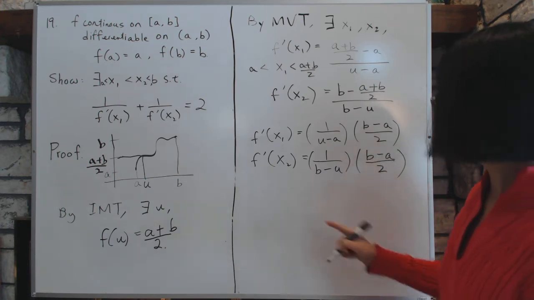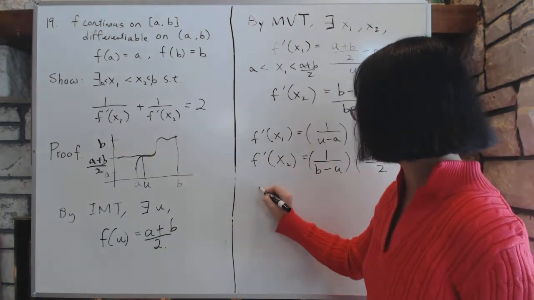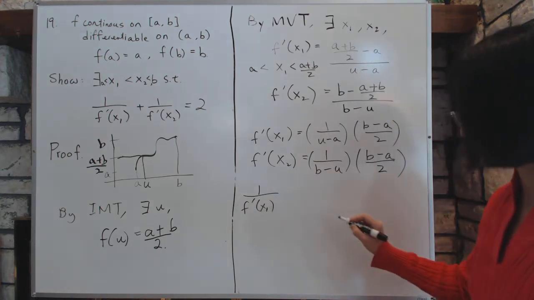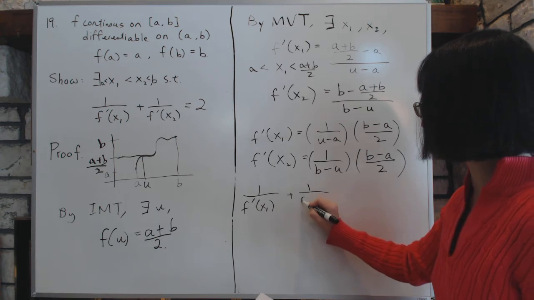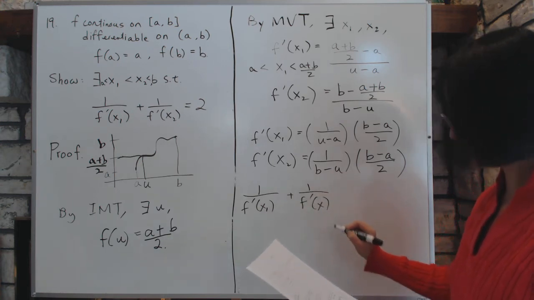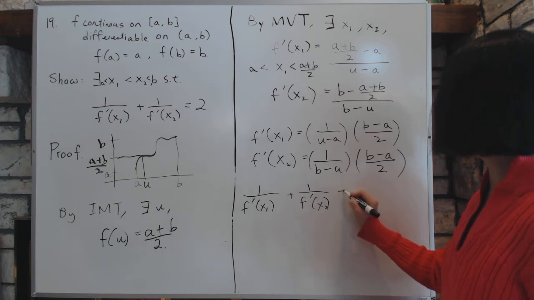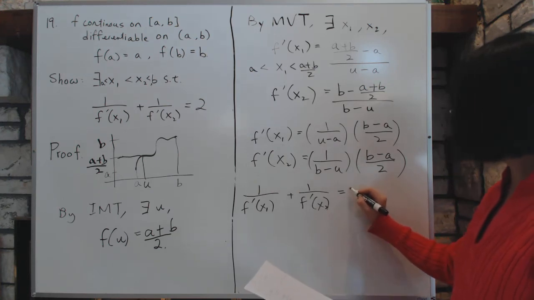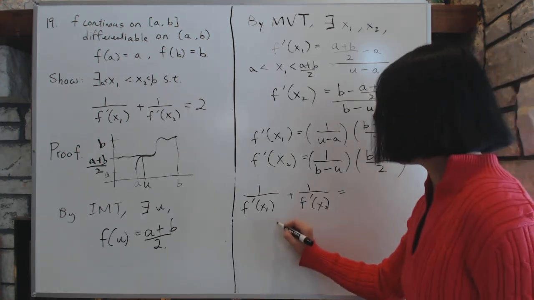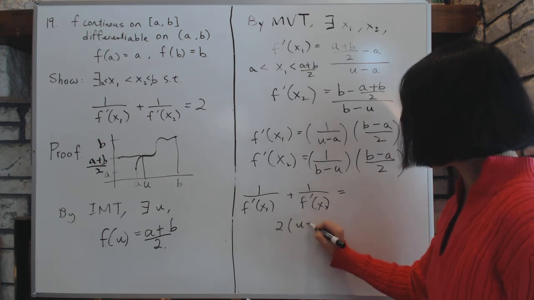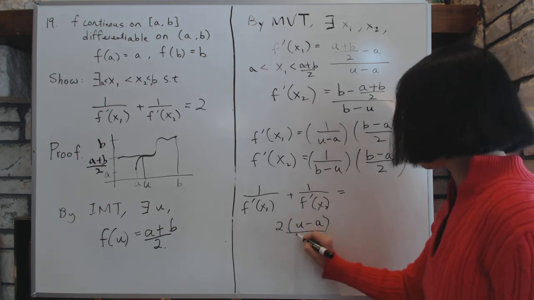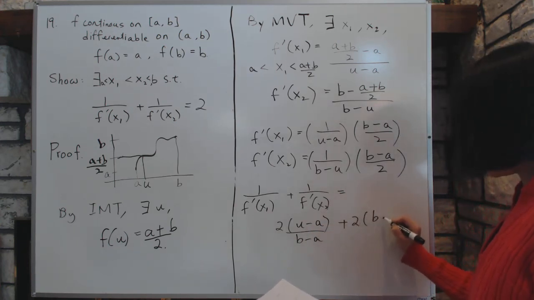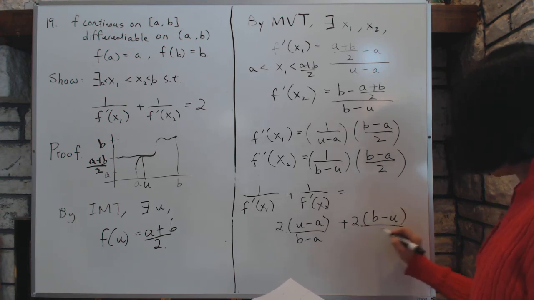And then you add this stuff together, so 1 over f prime of x1 plus 1 over f prime of x2 is equal to, now you have to flip it around, so you have something like 2 times (u minus a) over (b minus a) plus 2 times (b minus u) over (b minus a).